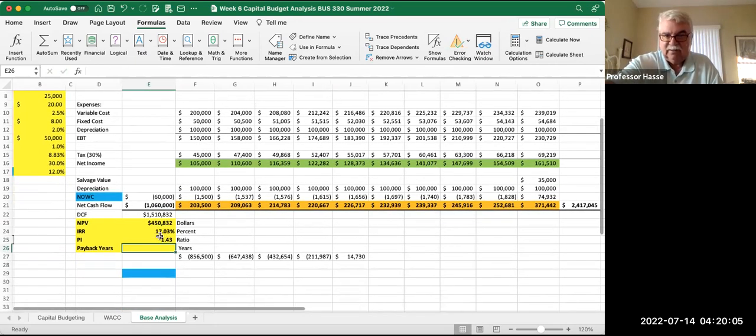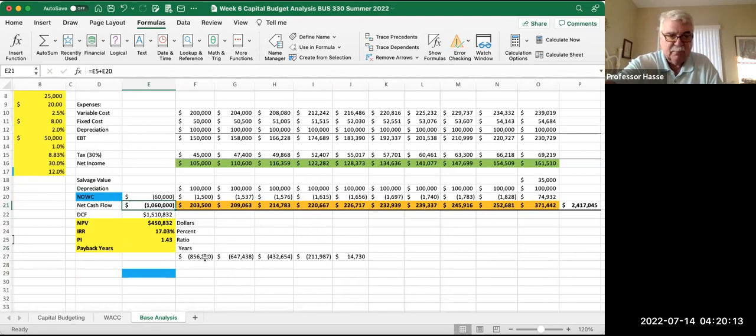Then our final calculation, as you remember from last week, is how many years did it take us to pay back the $1,060,000? So we take $1,060,000 and subtract out the first year, the second year, the third year, and the fourth year, and we notice we pay it back during year 5, where we have a positive return of $14,730 at the end of the year. So what is that in years?